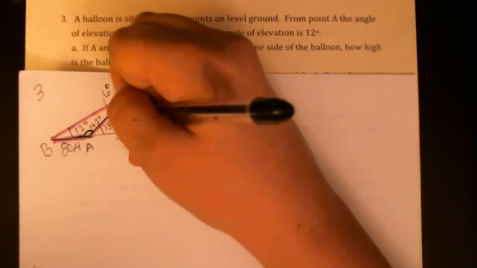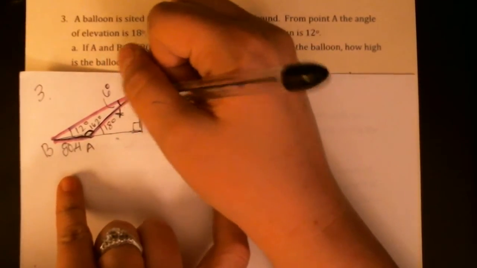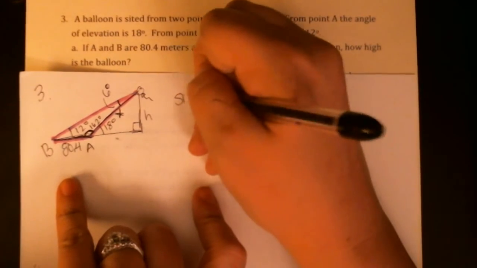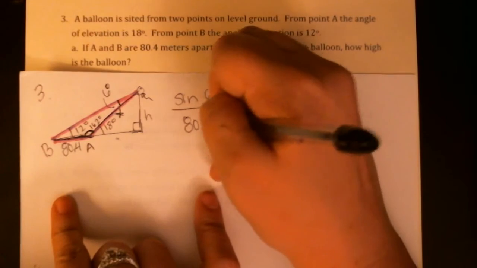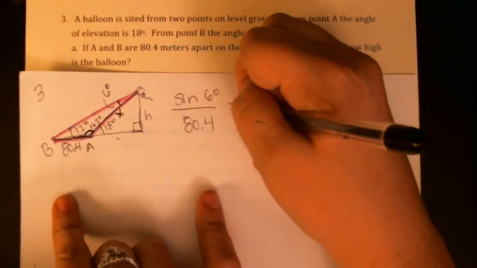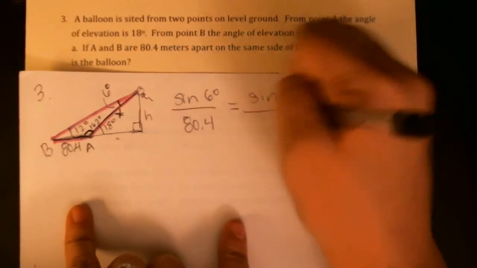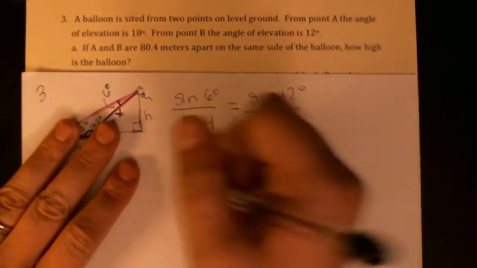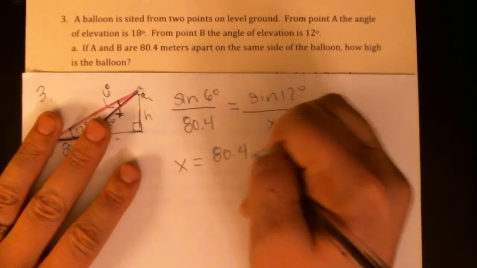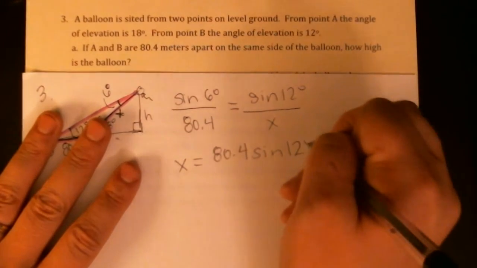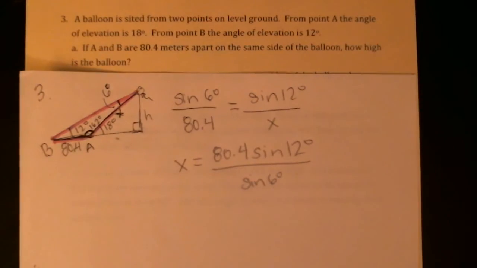I could use a law of sines to get either of the other two sides. So let's say I want to go for this one. I'll call it x. I would say sine of 6 degrees over 80.4 is equal to, which one am I going for? This one, sine of 12 degrees over x, which would mean that x is going to equal 80.4 multiplied by sine 12 degrees and divided by sine 6 degrees.